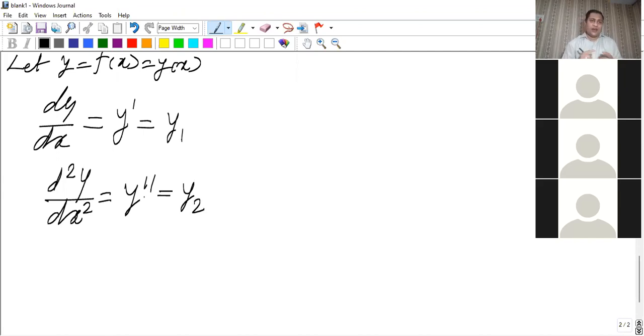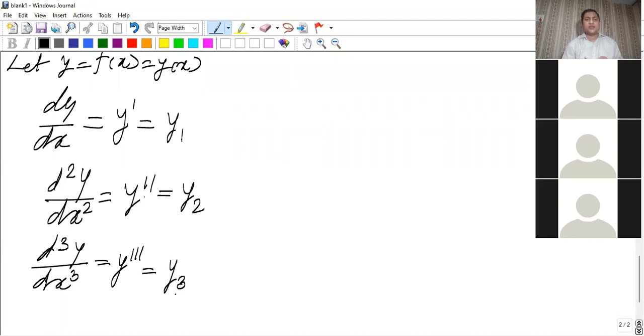So d2y by dx square is the same as y double dash, which is the same as y2. Now again I differentiate this. I'll have d3y by dx cube, and in dash notation it is y triple dash, and in suffix notation it is y3.